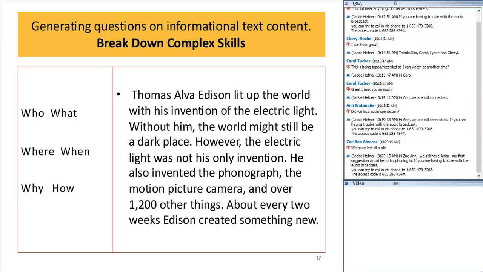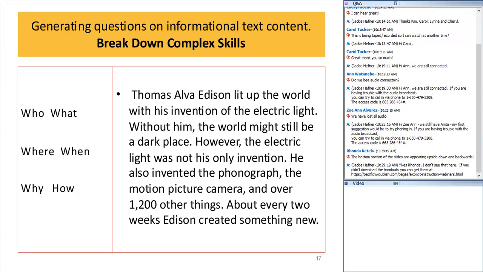So if we look at the recommendations for early comprehension that has been put out by the Institute of Educational Science in their practice guides, they suggested that we teach children how to ask themselves questions using keywords such as: Who was this about? What did it tell us about Edison? Where did Edison live? When did he live? Why did he do that? How did he go about it?